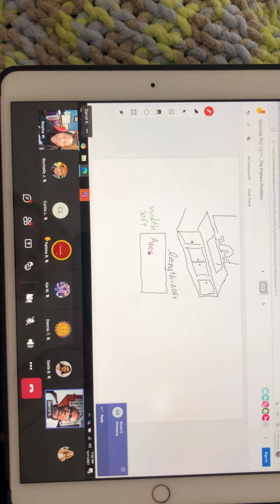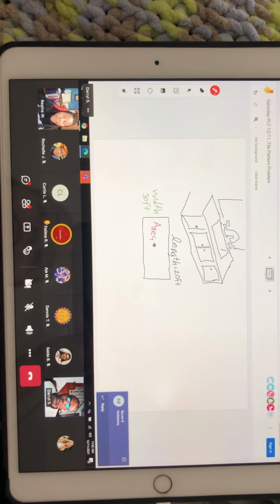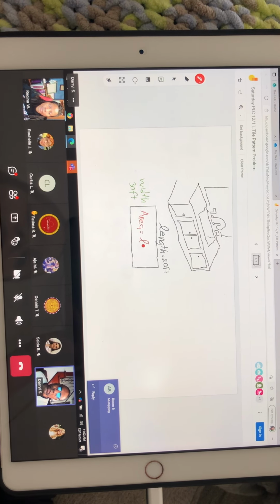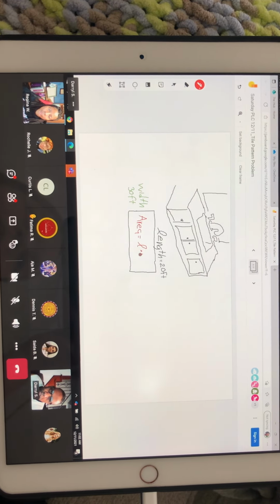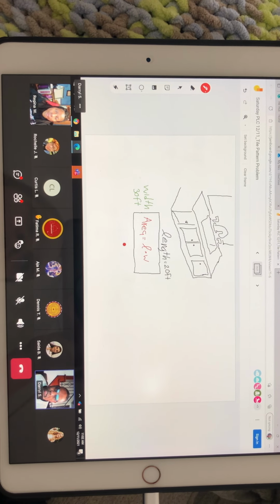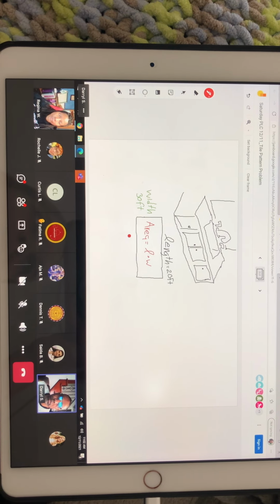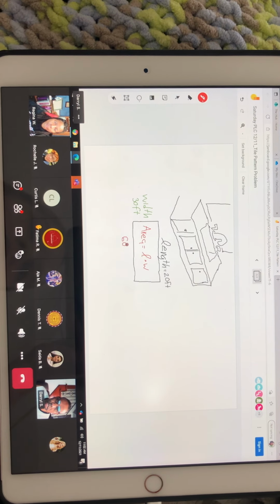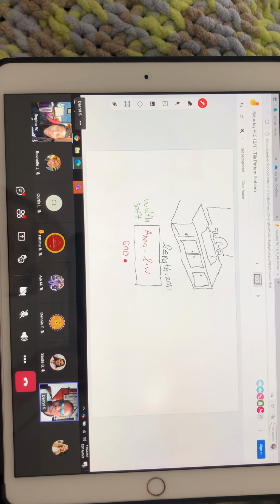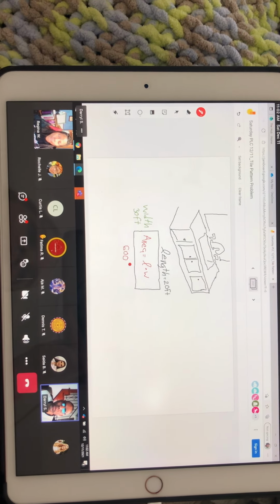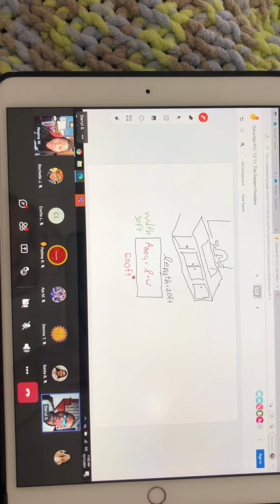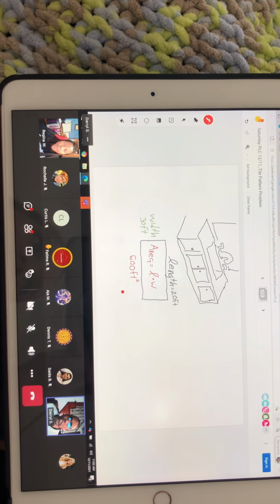So, of course, if we do that, we're gonna have 20 times 30. And of course, that will be 600. And since this is two dimensions, length and width, we're going to put a little 2 at the top. It's 600 square feet.